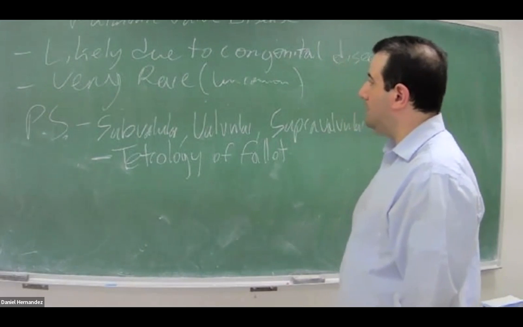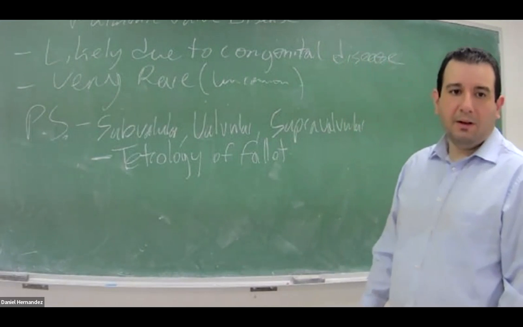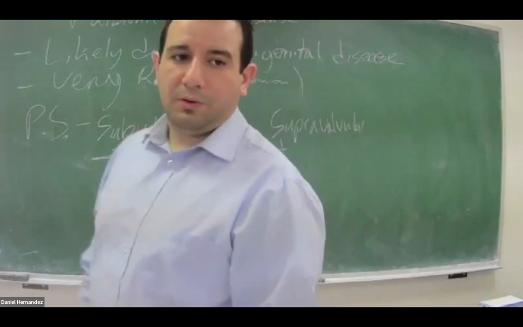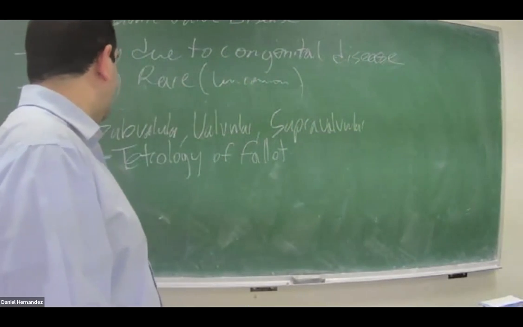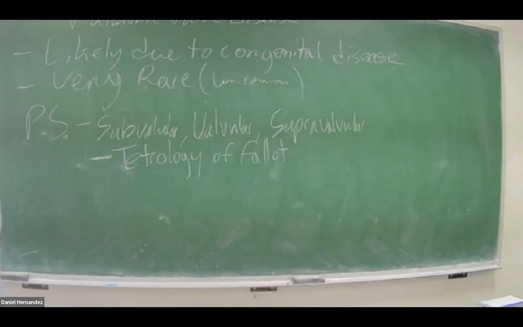Some other causes, potentially, of pulmonic stenosis could be some sort of mass or tumor within the right ventricle that could be obstructing outflow.